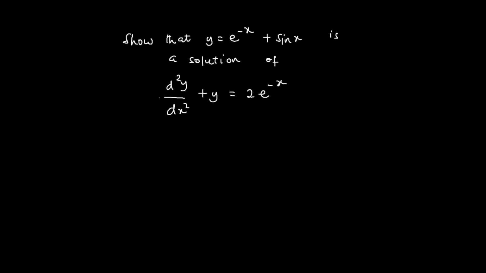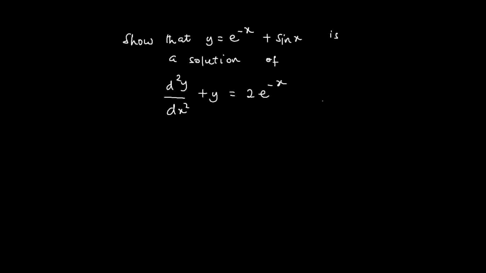So in this differential equation, we have the second derivative of the function y, plus the actual function, giving us 2 multiplied by e to the power minus x. So we are going to verify whether the left hand side will equal the right hand side.